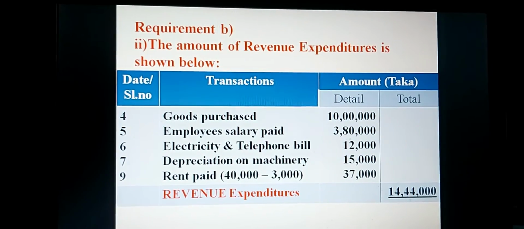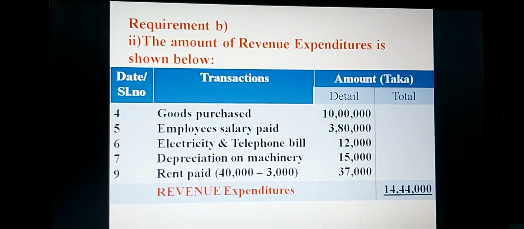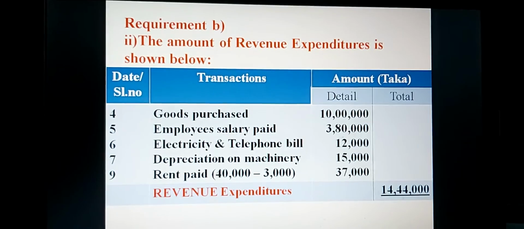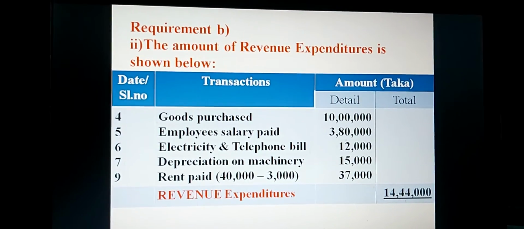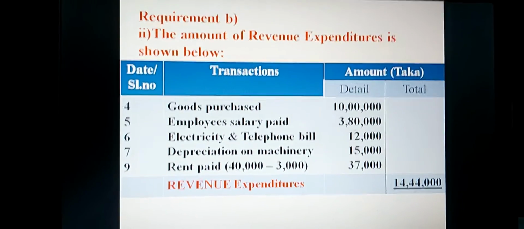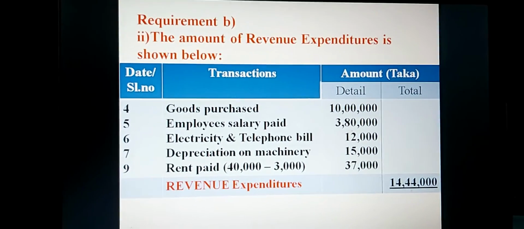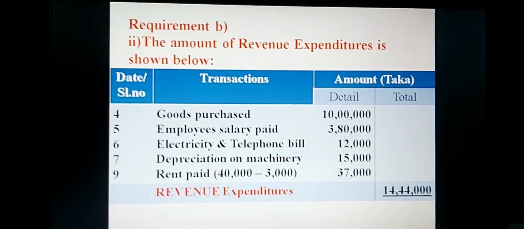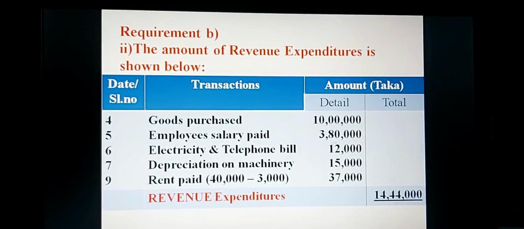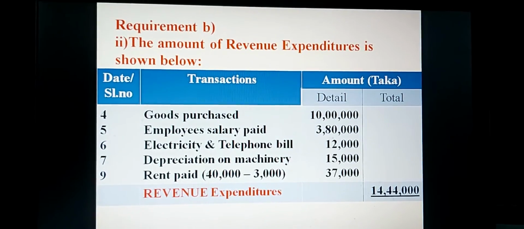So you have to total it. The total amount of revenue expenditure is taka 14,44,000. Now you can see this on the screen, and you can write it very carefully in your copy.